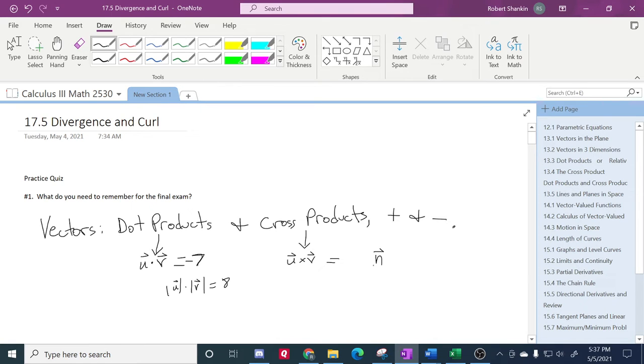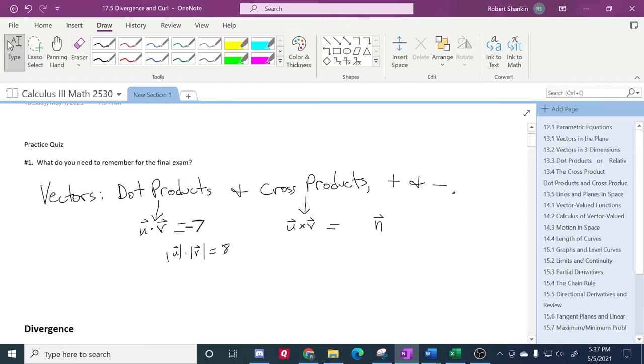Perpendicular by the right-hand rule, maybe? Yeah, there's two ways that you can be perpendicular to both of those. So it's going to be perpendicular to the plane that those two make, and you can go in either direction perpendicular to that plane. All right.